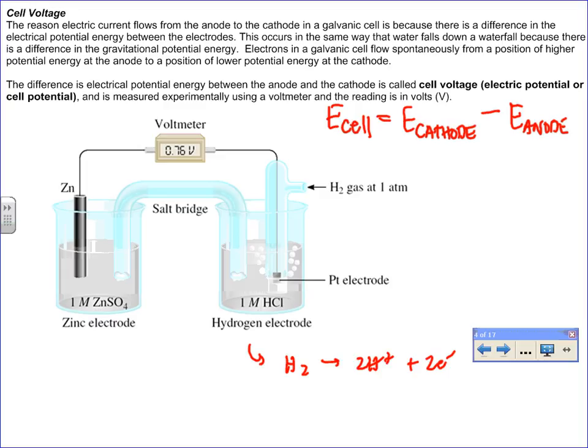Now, the difficulty is that we can't actually determine the cell potential of a half cell. I can't just measure on its own the potential of zinc to gain or lose electrons. So what we need to do is use what are called standard reduction potentials.